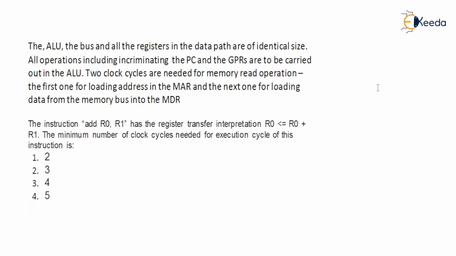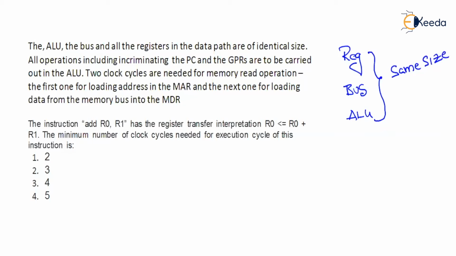The ALU, the bus, and all the registers in the data path are of identical size. Meaning, just write it here: registers, the bus system, and the ALU are all of the same size.